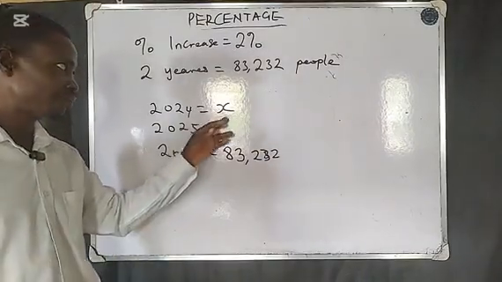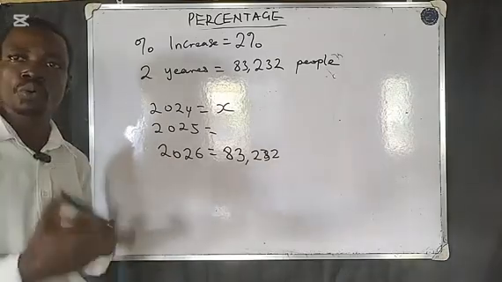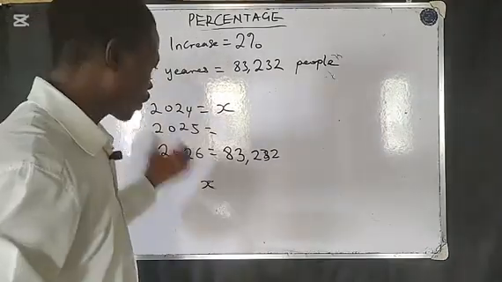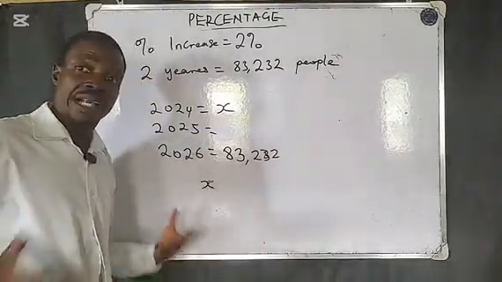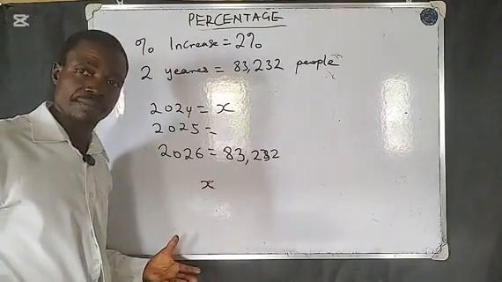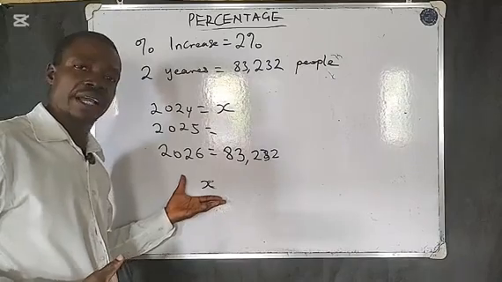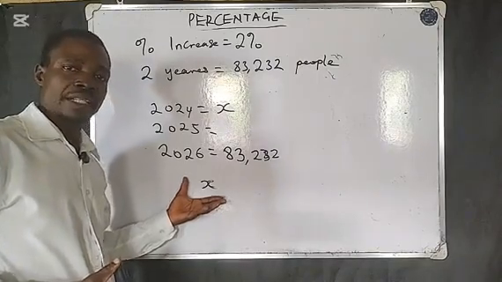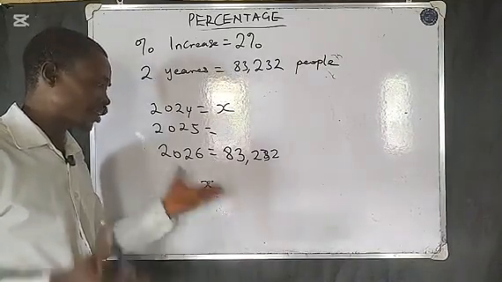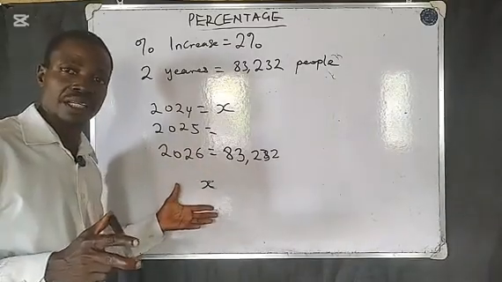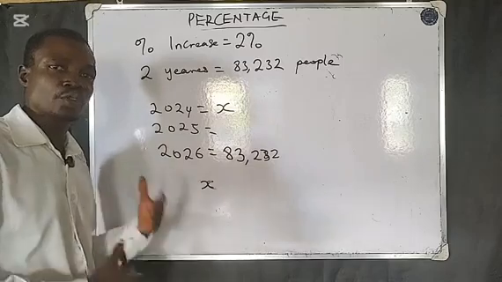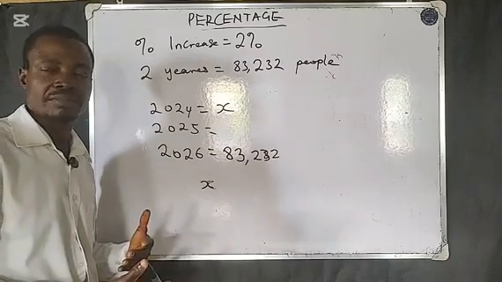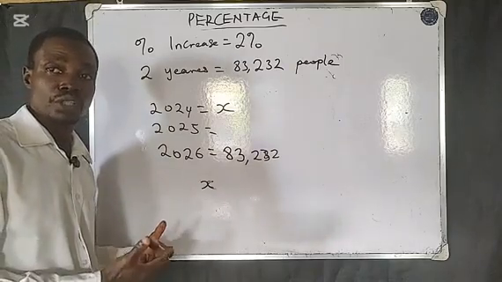But after this year, there will be an increase of 2%. The population in 2024 is X. We don't know it, so let's call it X. This X, as it is now, is complete, right? But the next year it is going to increase.